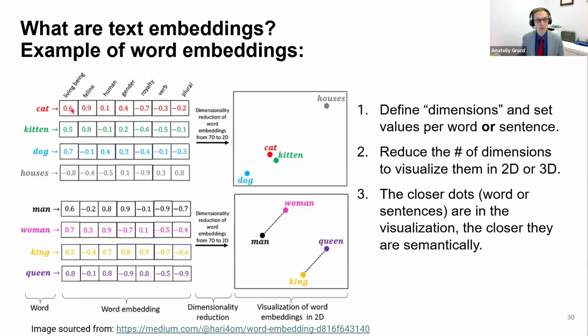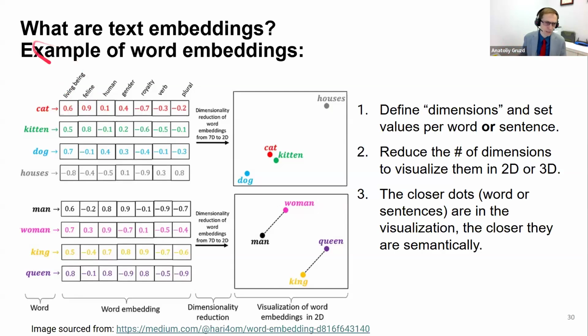And then an algorithm will automatically assign a score. In this case, let's say from -1 to +1. The 0.6, let's say, identifies that cat is more likely to be a living being. It's not a human, but it's not a negative association with a human, because perhaps the text used to train this model observed that cats are pets often mentioned in sentences with humans, their owners.